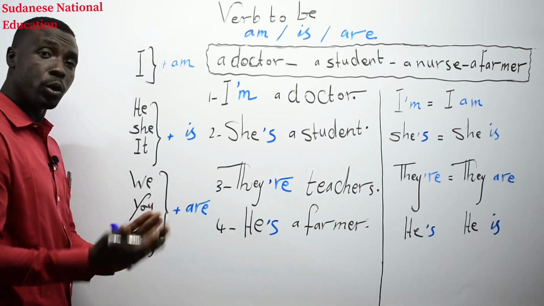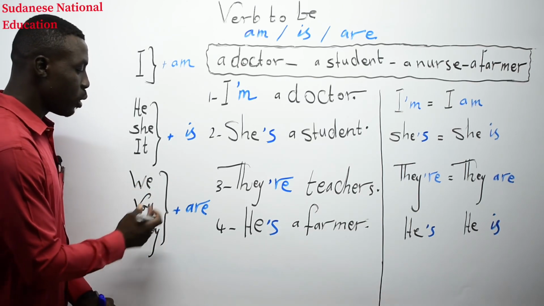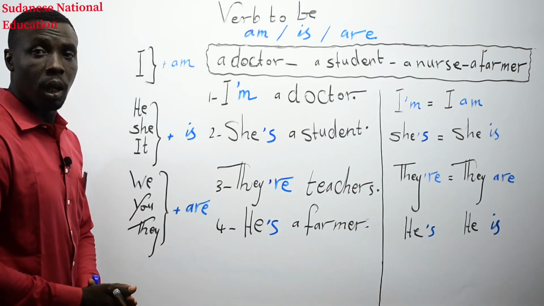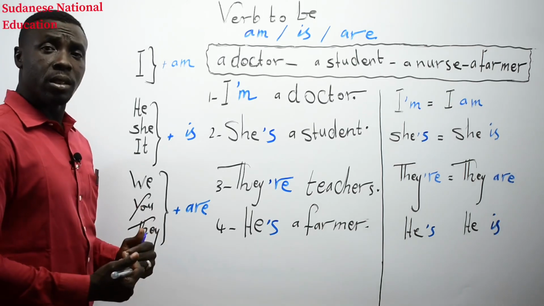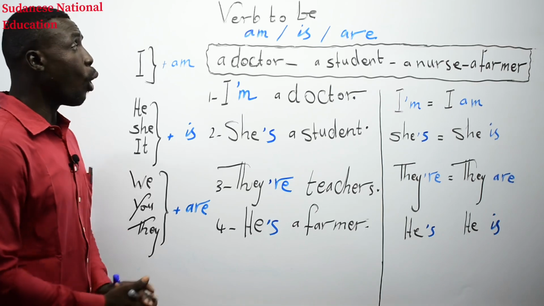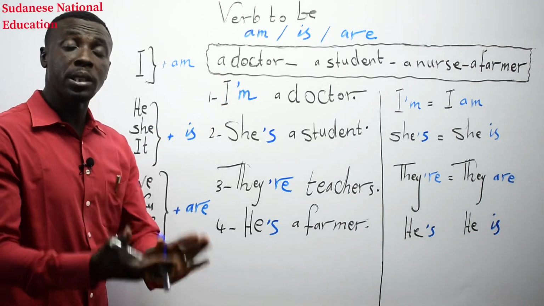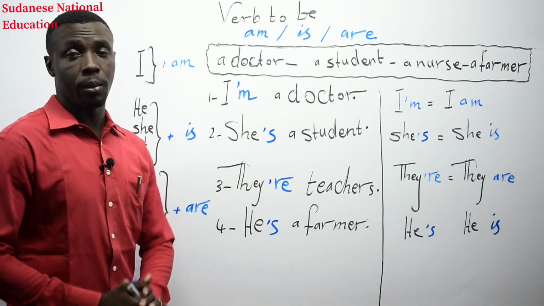These are pronouns. With we, you, they, we use what? We use are. But let us go and form a simple sentence, or see them in a positive sentence acting as main verb.